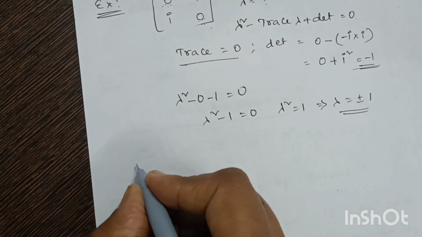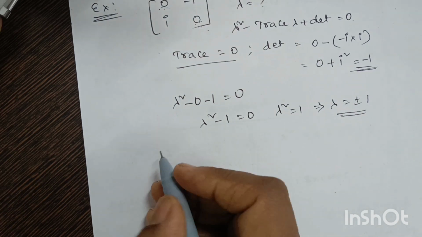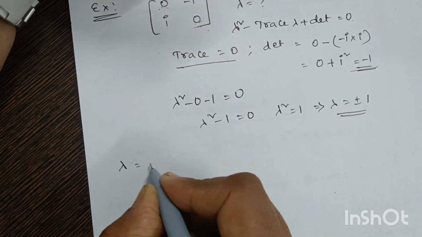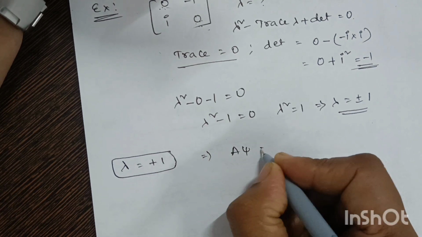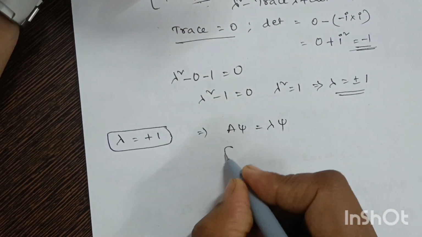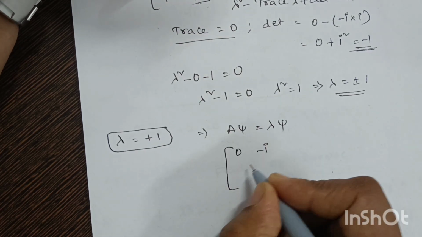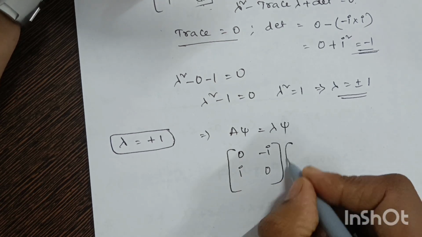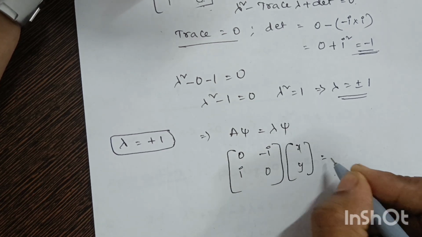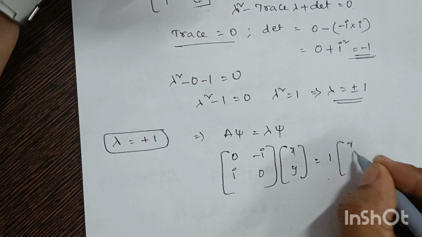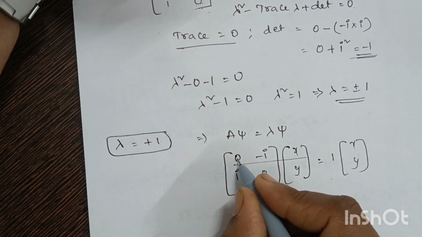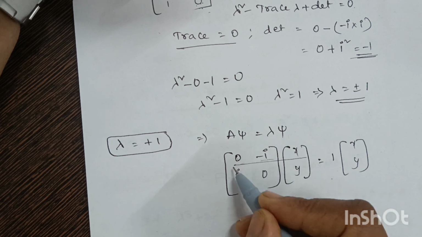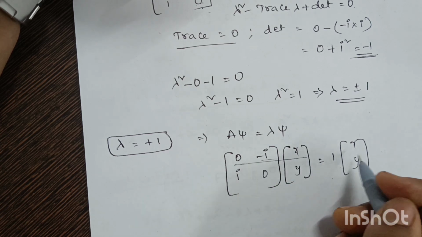Now how to find out eigenvectors? For that, first I am taking lambda equal to plus 1. Now I am using A psi is equal to lambda psi. A is 0 minus I, I 0, psi is x comma y, lambda is equal to 1 times x comma y. Now we know matrix multiplication and we need to equate here.